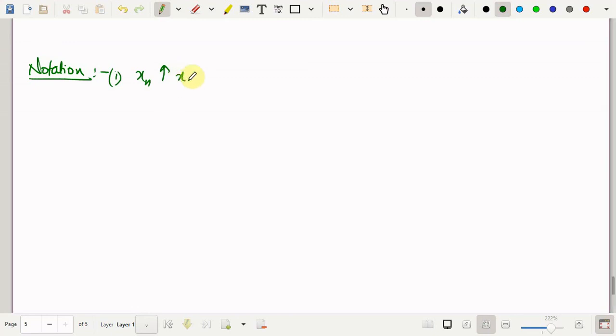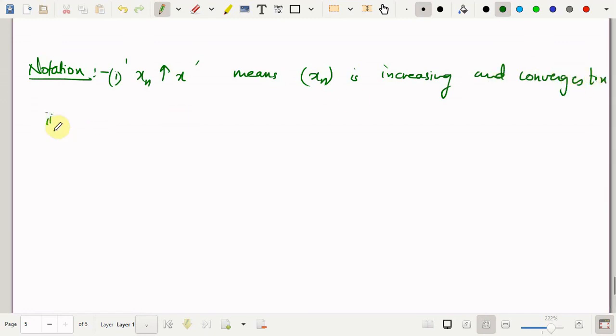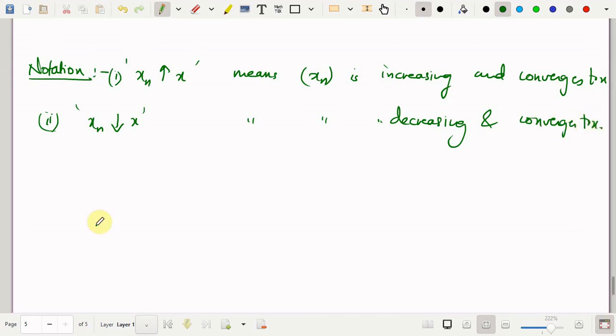This stands for x_n is increasing and converges to x. Similarly, if I have this notation, then this means that x_n is decreasing and converges to x.